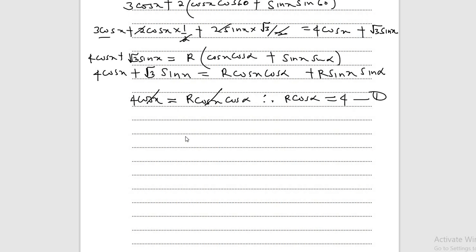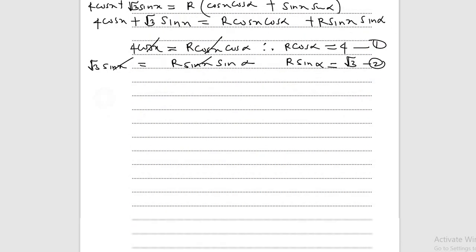I call it equation 1. At the same time, root 3 sin x can take the position of r sin x sin alpha. They have the same coefficient of sin x. So I can say r sin alpha equals root 3. I call it equation 2.